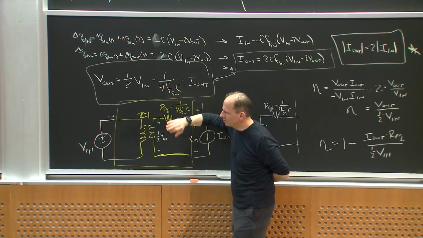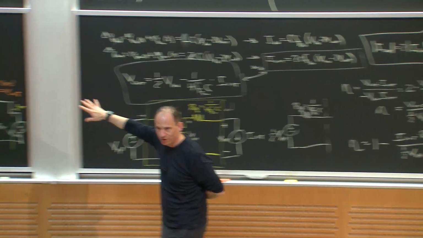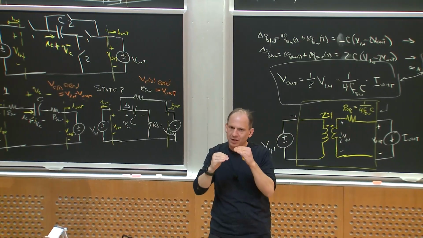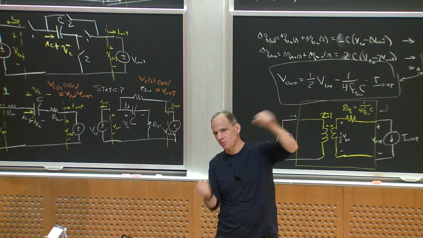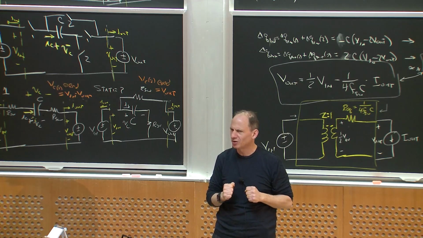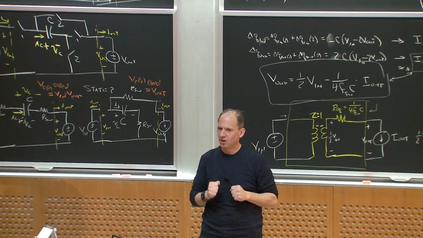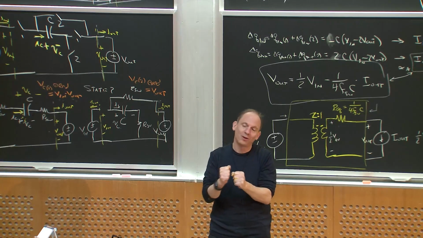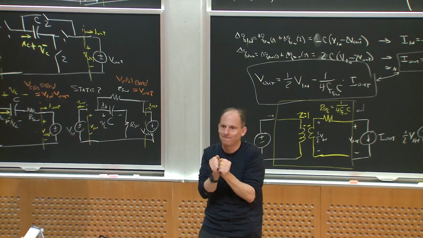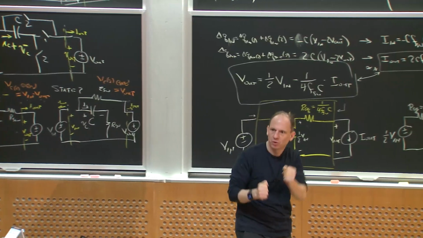And we'll come back to this next class, it sort of comes down to the amount I'm charging and discharging the capacitor. When I charge the capacitor over a small, tiny delta voltage, I don't lose much energy in doing it. And so if I want lower loss, it's a very great insight on your part, but if I want lower loss, I want to make the capacitor bigger, not smaller, for a given load current.